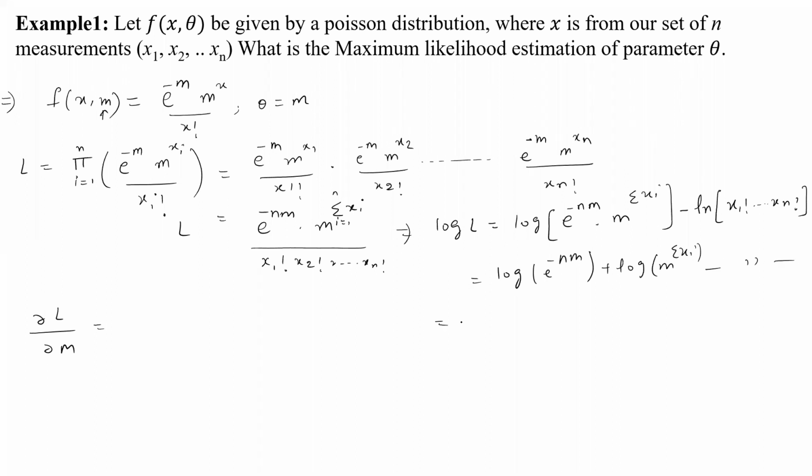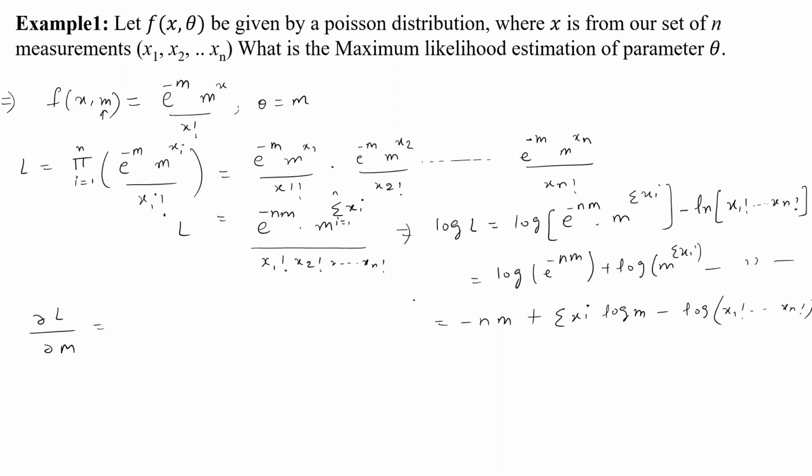So this implies minus nm log base e of e, which cancels out, plus summation of xi into log m, minus log of x1 factorial and so on up to xn factorial, you will get it.